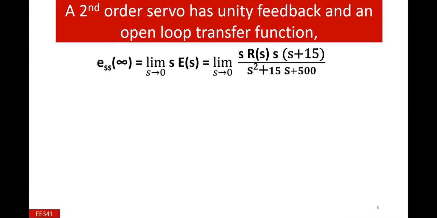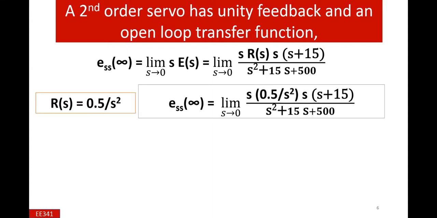In this example, the input given is a 0.5 ramp function. Because the whole discussion is in the frequency domain, and we reduce the results to the time domain by applying the final value theorem, the Laplace transform in the frequency domain gives the input 0.5 over s squared, which is the ramp input.